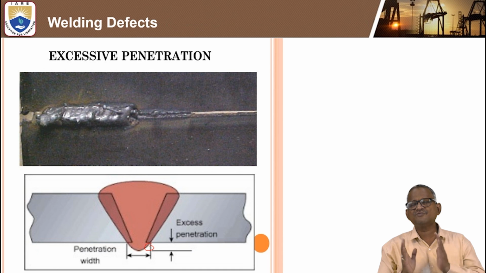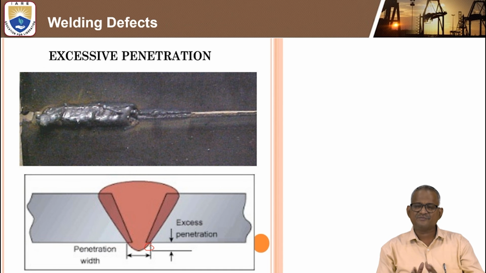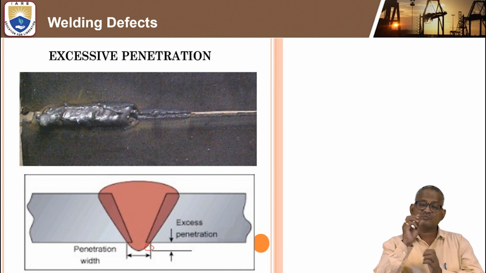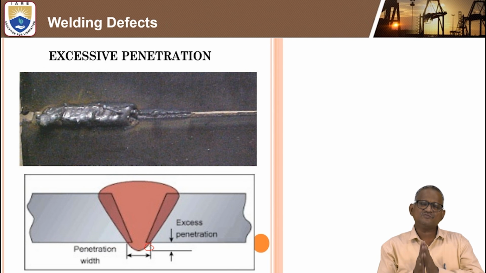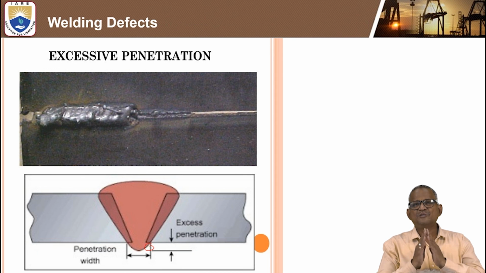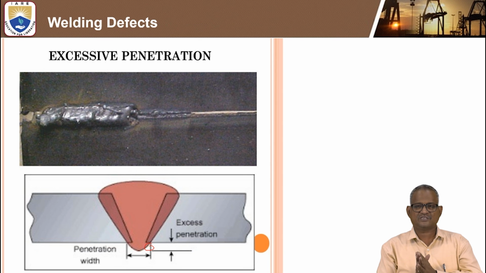Okay, so this is about the welding defects, and I hope the students can understand clearly with the 2D and 3D diagrams. In the next session I would like to solve some problems in welding, casting and forging. Why? Because the majority of students treat manufacturing technology as a theoretical subject.